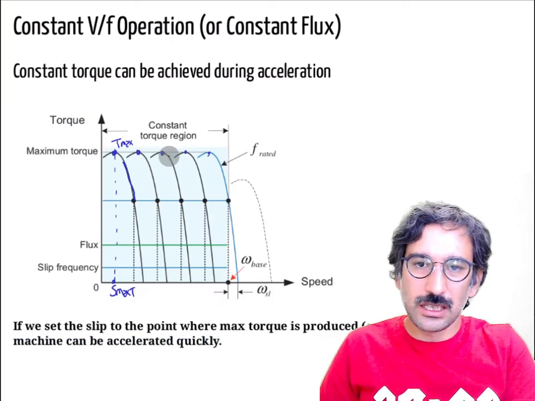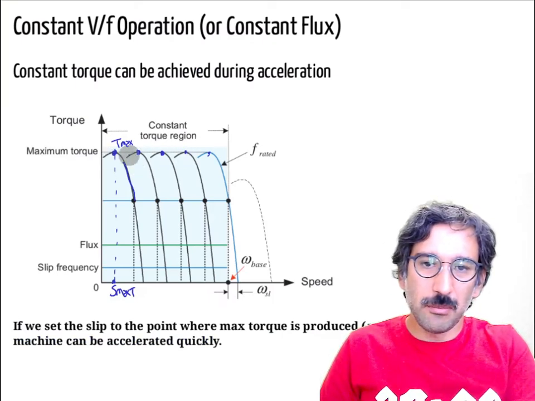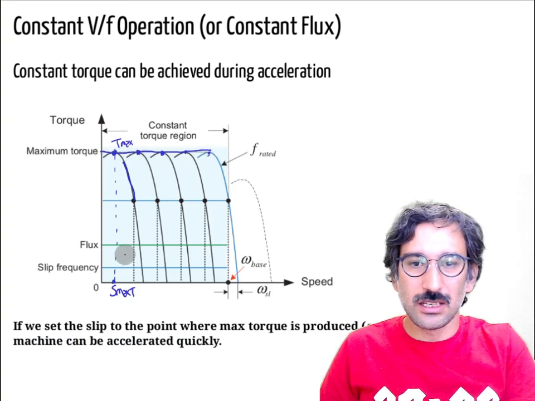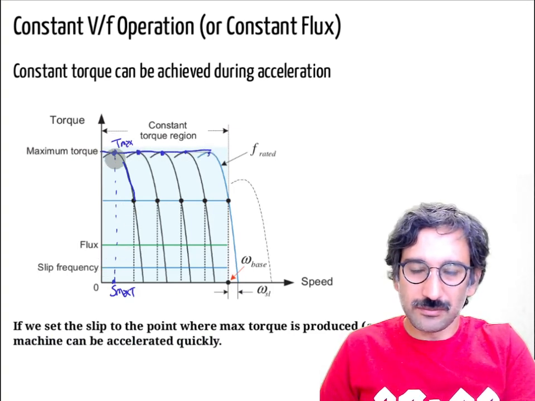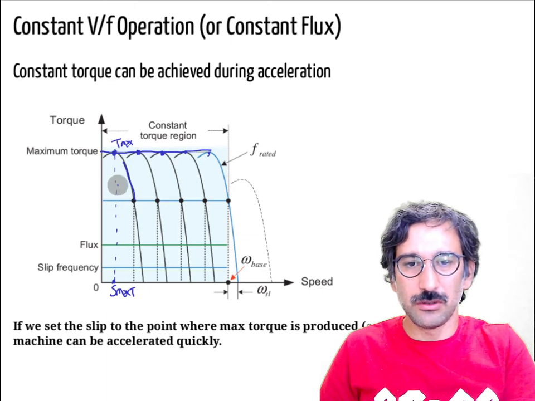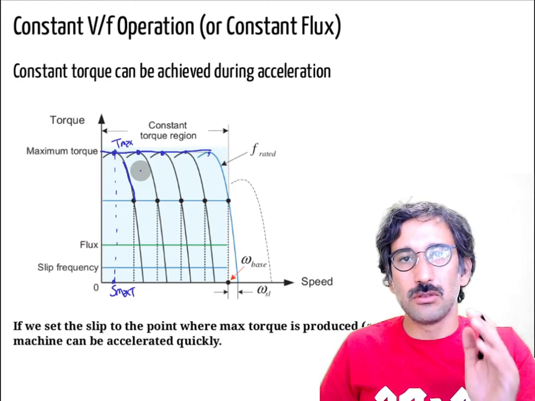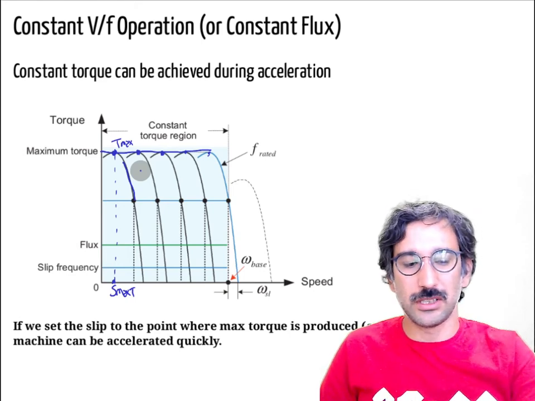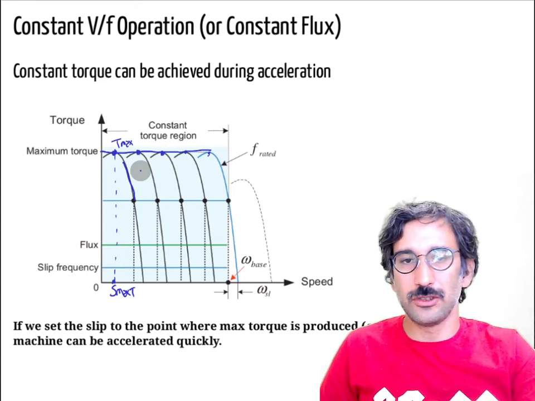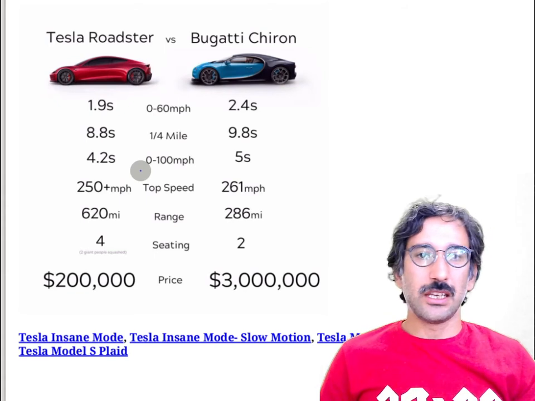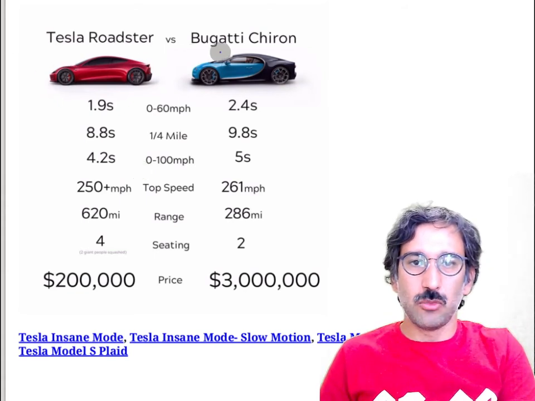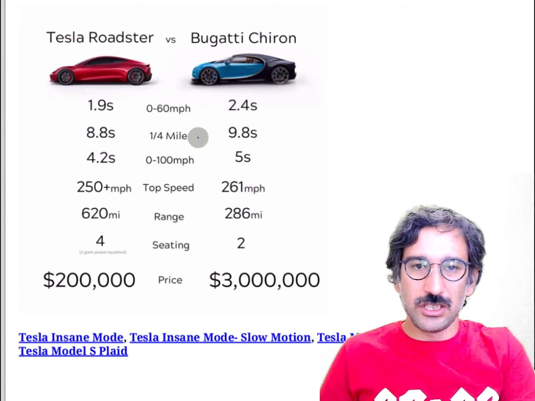And by using that kind of maximum torque acceleration, you can really generate, if this is, I don't know, the difference between your load torque, you can generate quite a lot of positive net torque, which accelerates your system quite quickly. And the result can be seen here. The Tesla Roadster and Bugatti Chiron machine.